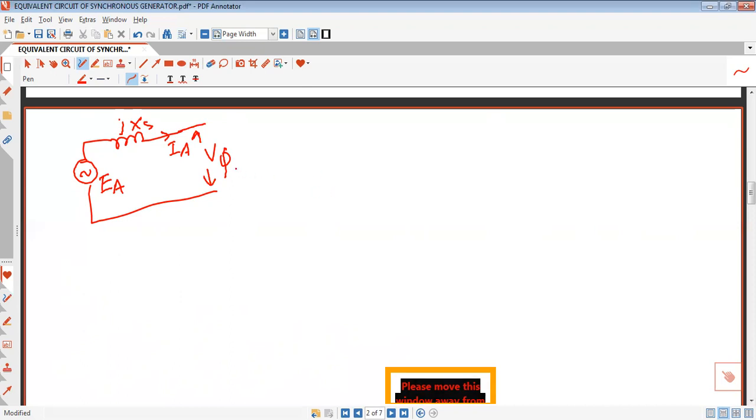So this is the output voltage given here. This X is due to the effect of armature reaction. But the armature also has inductance, and the armature also has resistance.